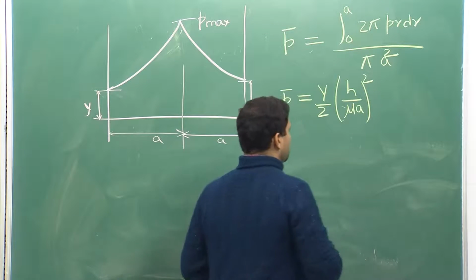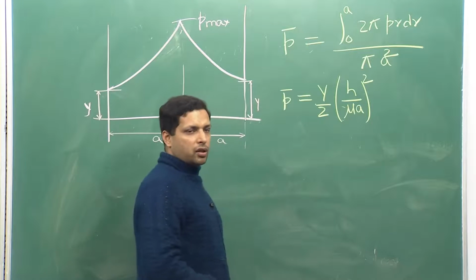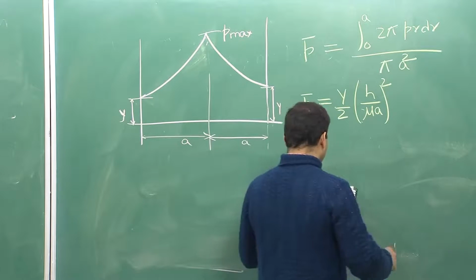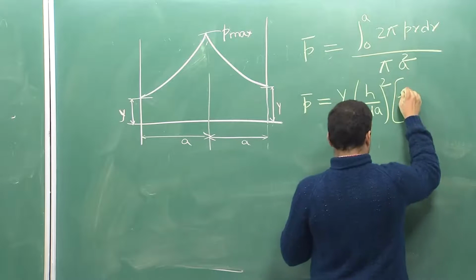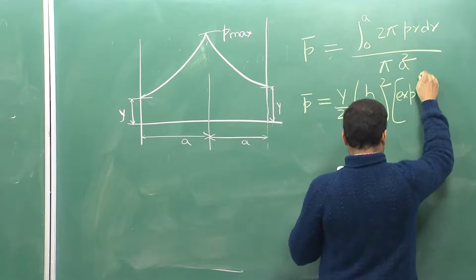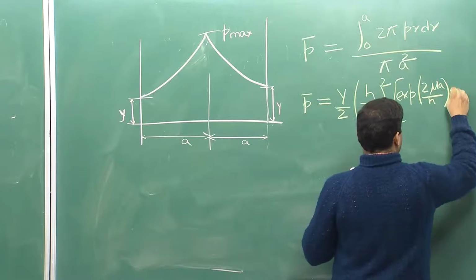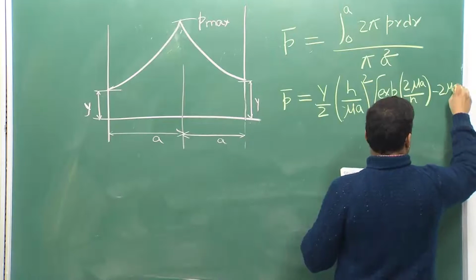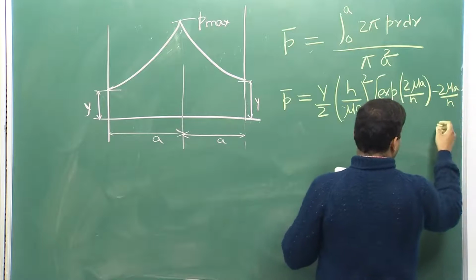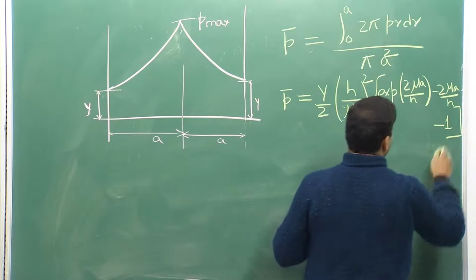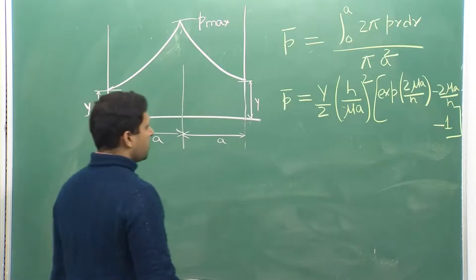I am not deriving it because all these derivations are given in detail and you can go through those in more detail over there. And there is another minus 1 over. So, this is the average pressure.